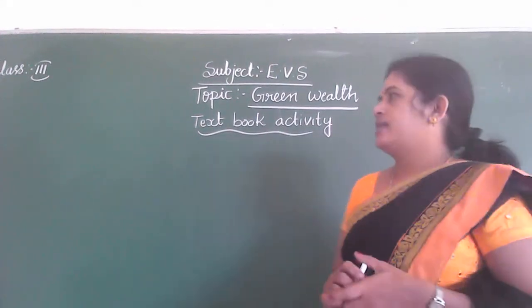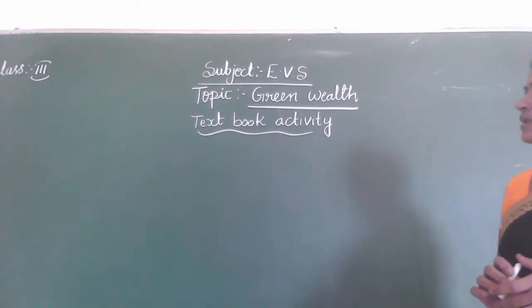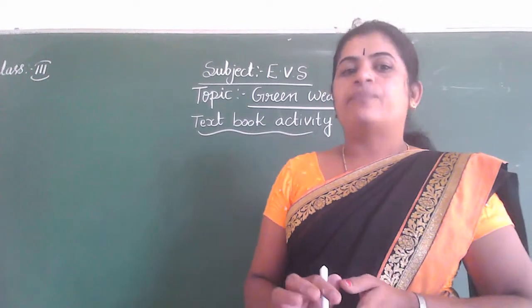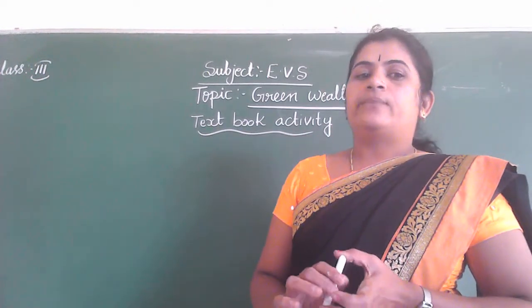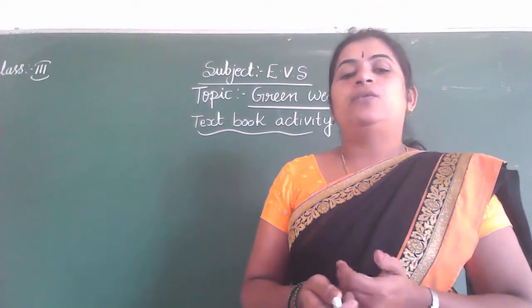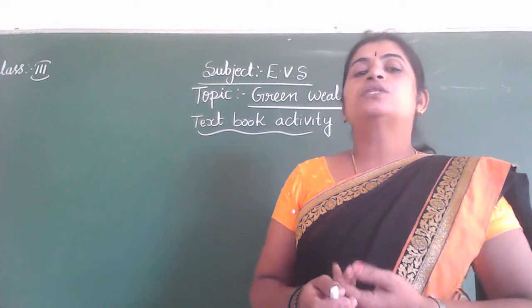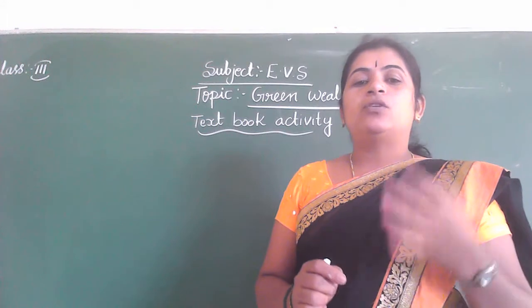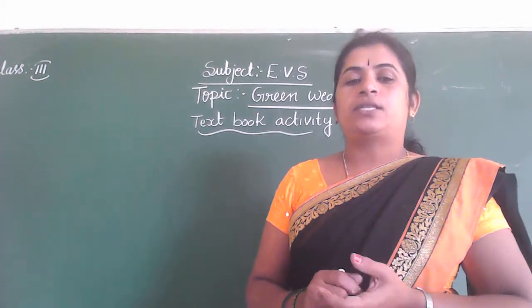Children, in the previous class we have learned the second lesson, green wealth. In your surroundings or in your locality, you have observed so many kinds of plants. How many kinds of plants did you learn in the last section, children?